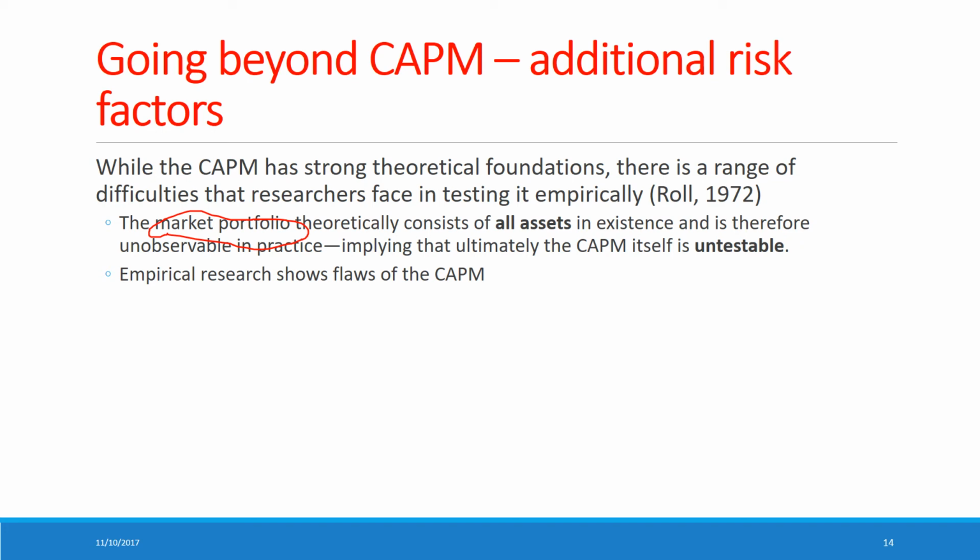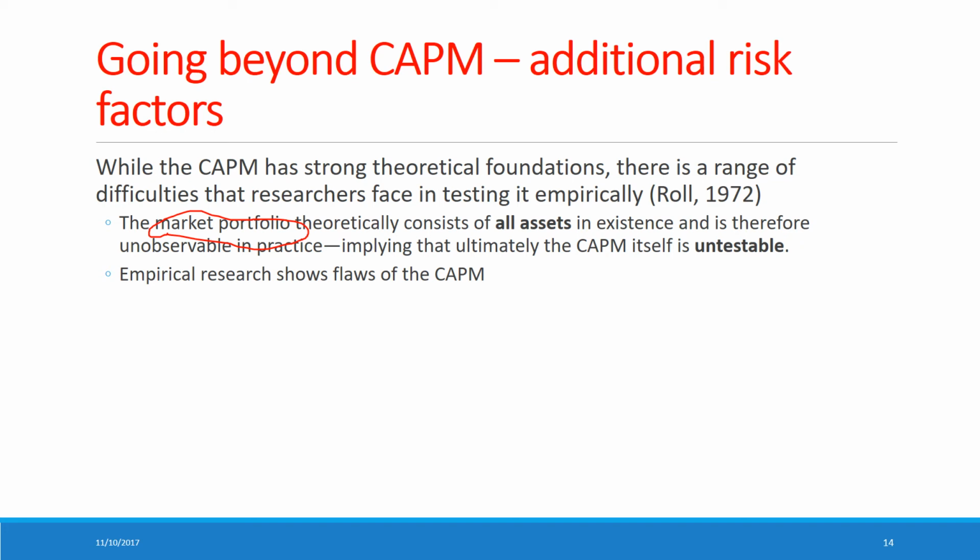And if we think about the common practice of using a share market index, say the ASX S&P 200 or ASX S&P 500, they are not, by default, the market portfolio because they don't include all the assets. They only include, for example, the top 200 stocks in the market, right?